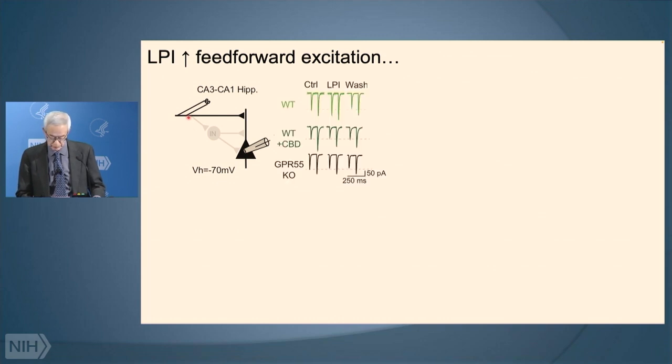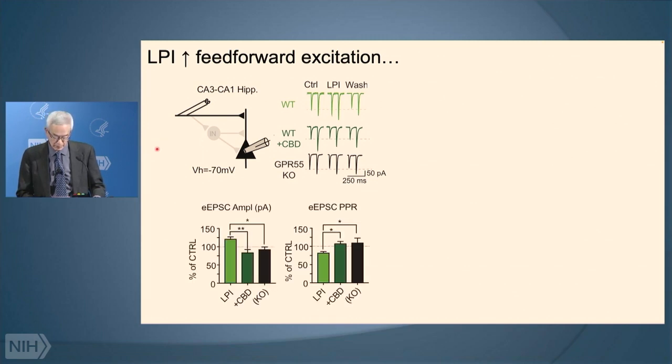And this showed results that were compatible with the recording of minis, namely LPI caused an increase in the strength of evoked transmission, and that was blocked by CBD and mimicked by knocking out the GPR55 receptor. There were also changes in paired pulse modulation, which are here for the aficionados who are interested in figuring out whether the effect is pre or postsynaptic.